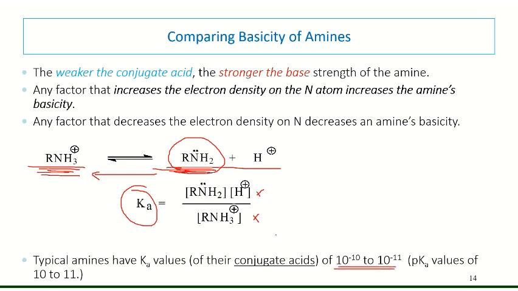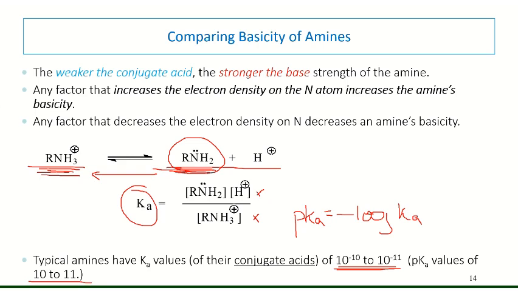If the Ka is tiny, then the pKa, which is minus log Ka, will be large. So small Ka, very large pKa.